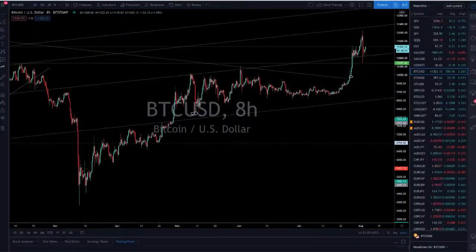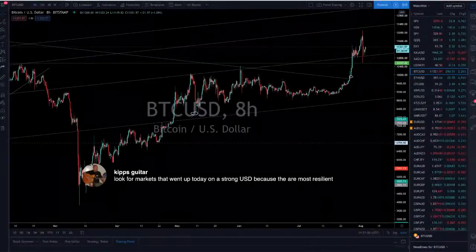So is it better putting all your eggs into one particular project? No. Owning the top 20, the top 30, the top 50 altcoins in a basket, diversifying yourself like that is probably a lot smarter if you're looking to take that type of risk.